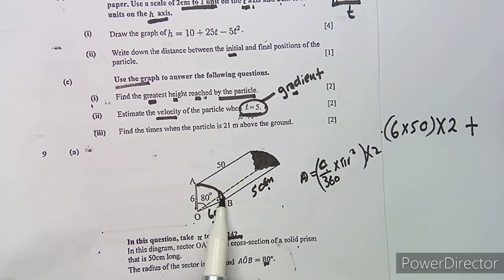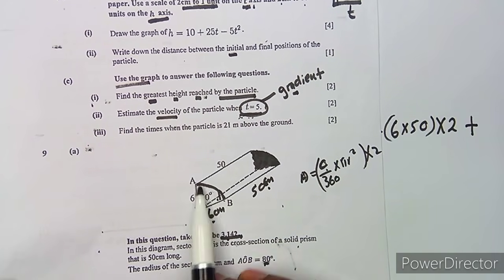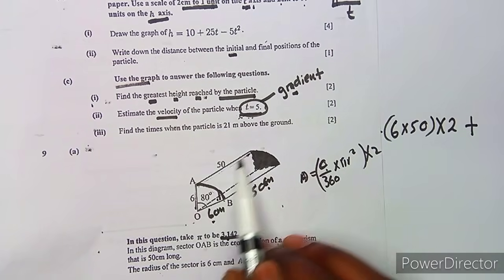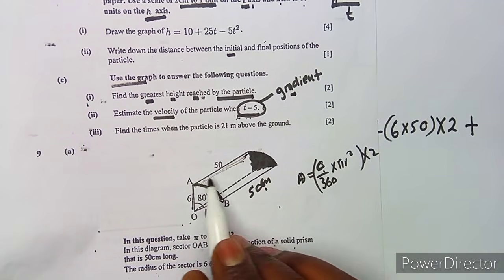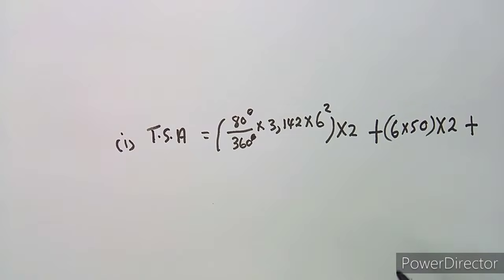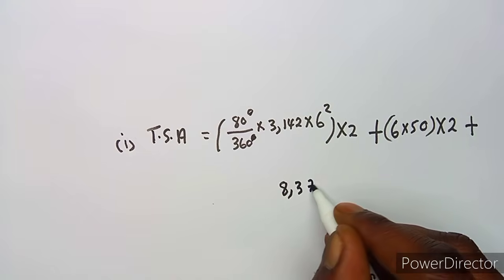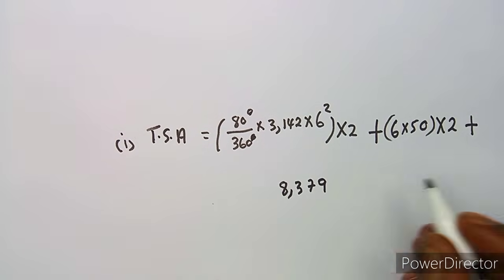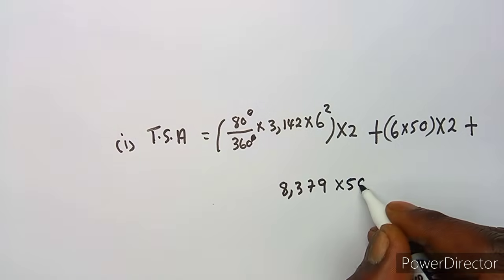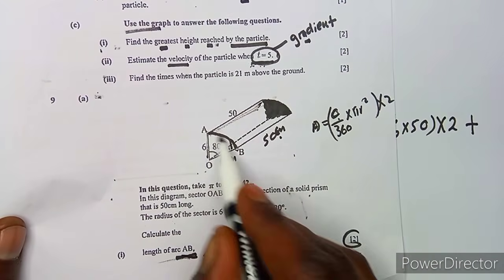Plus the last part, which is the area of this shape. There is the length here times the height, which is the length of AB times 50. So remember AB, we calculated it, it was something like 8.379. That's what we have, times 50. So you take that AB that you calculated, the length of arc, times 50.